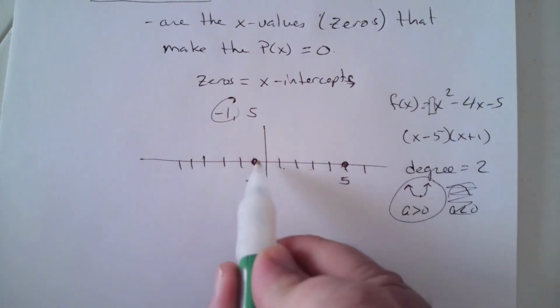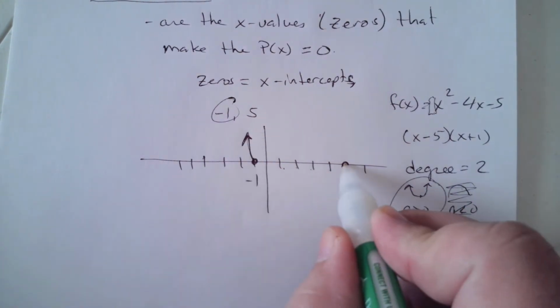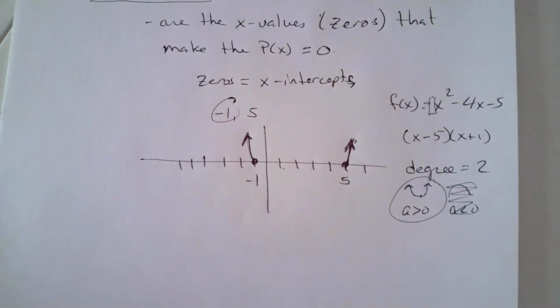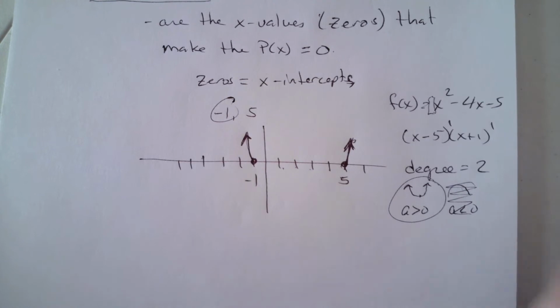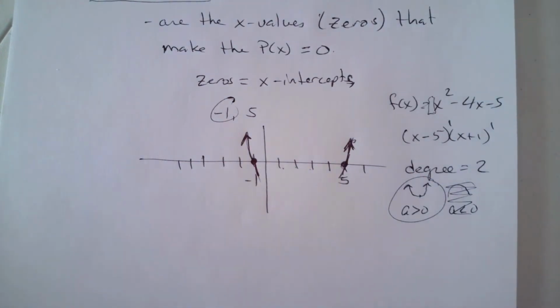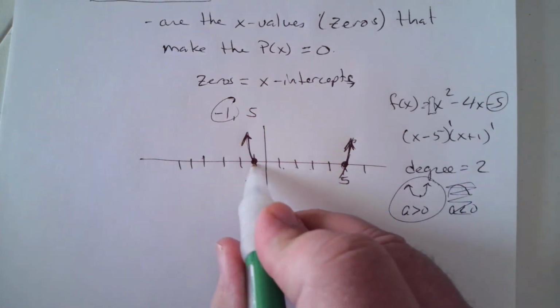Since these are only 2 intercepts, our graph from those 2 points will go up. The multiplicities are both 1, so they cross the x-axis there. We know the y-intercept is at -5.